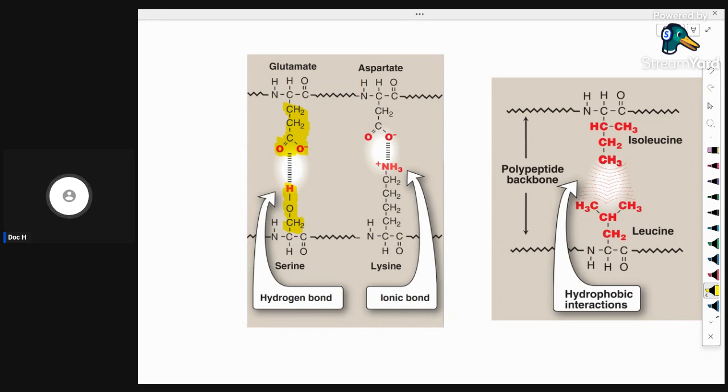So if you had a glutamate nearby to a serine, you'd have a hydrogen bond. Something like aspartate and lysine, these are charged amino acids. So you've got a positive charge and a negative charge. Aspartic acid is negatively charged. Lysine is positively charged. You can have an ionic bond.